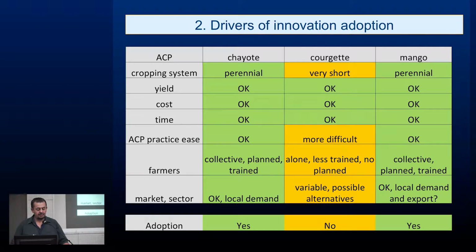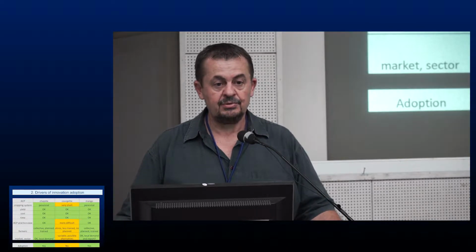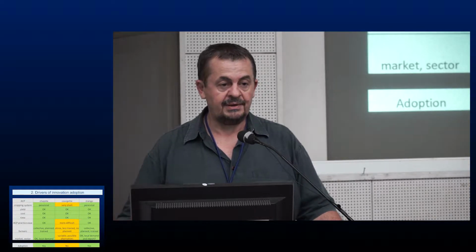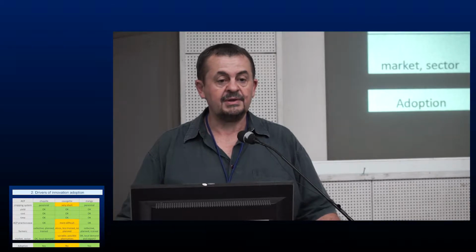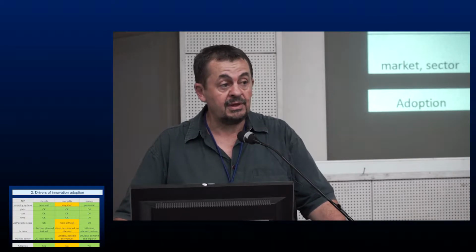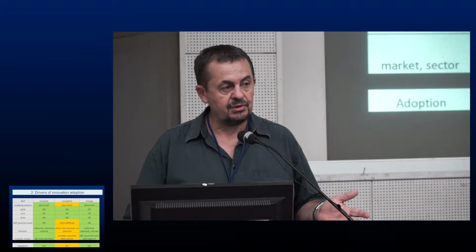And you have characteristics coming from the market or the sector. For example, if it's a patrimonial crop, you have a demand, so the price is good. It's the case for chayote and mango, but not for zucchini. So you can have a good adoption or a bad one.